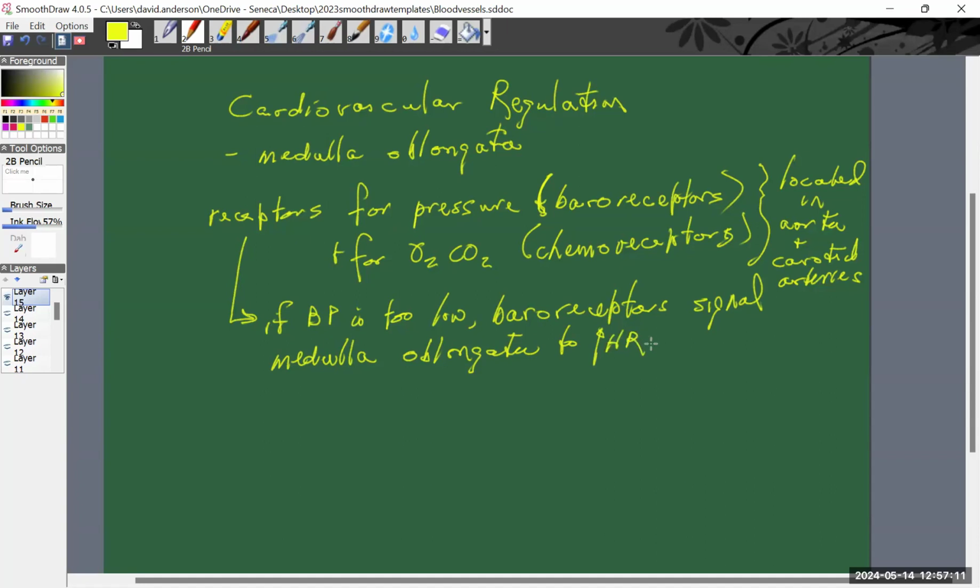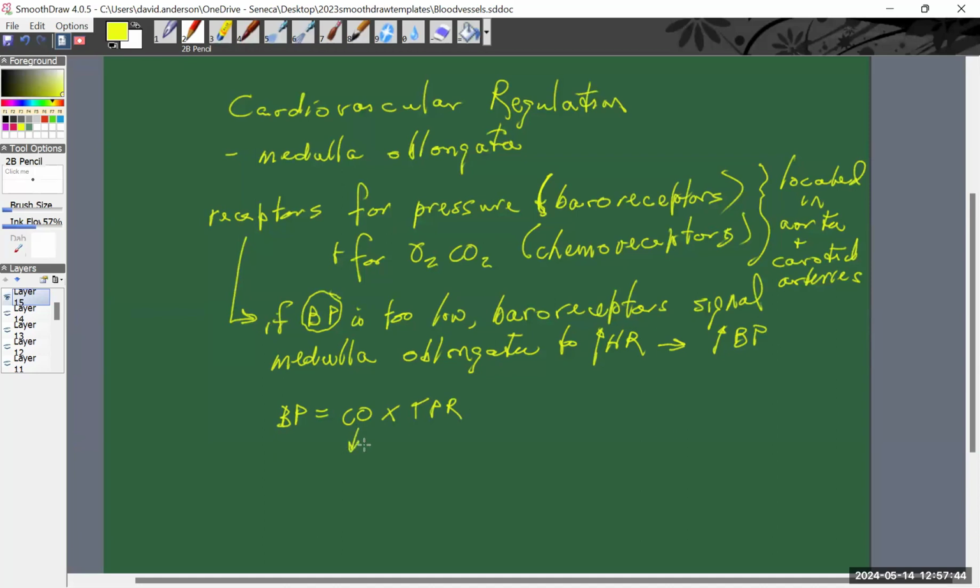Now, if we said that blood pressure was too low, that's our stimulus, right? So what we want to do is increase heart rate so that we increase blood pressure. How do we know that increasing heart rate will increase blood pressure? Because we know the equation for blood pressure regulation is this equation right here.